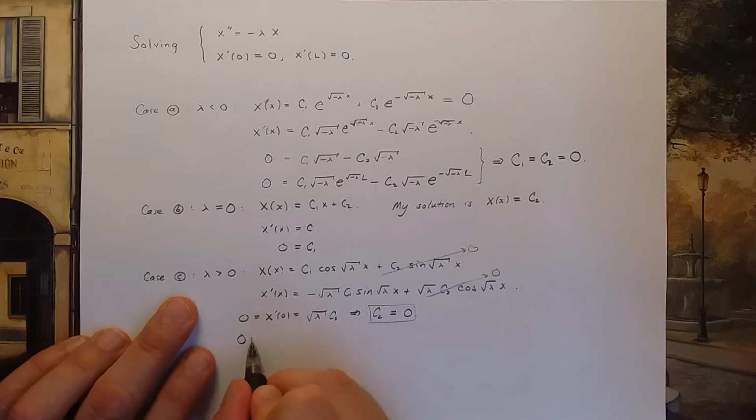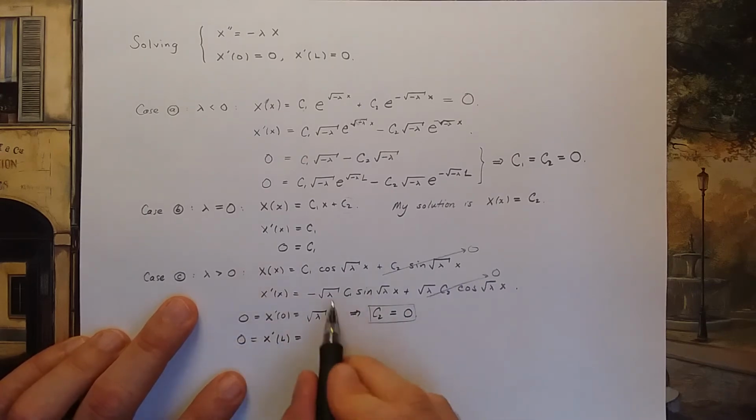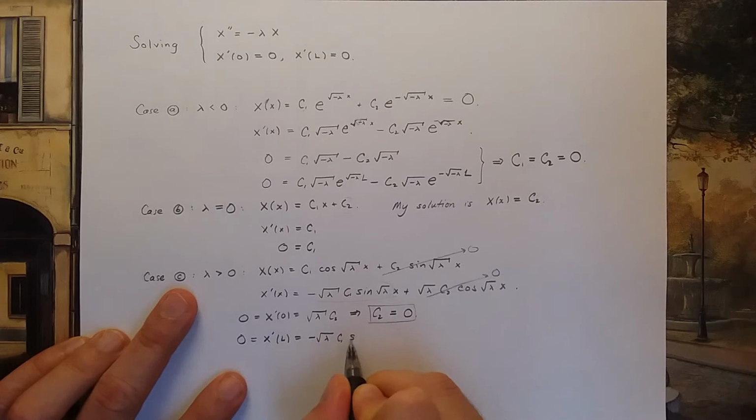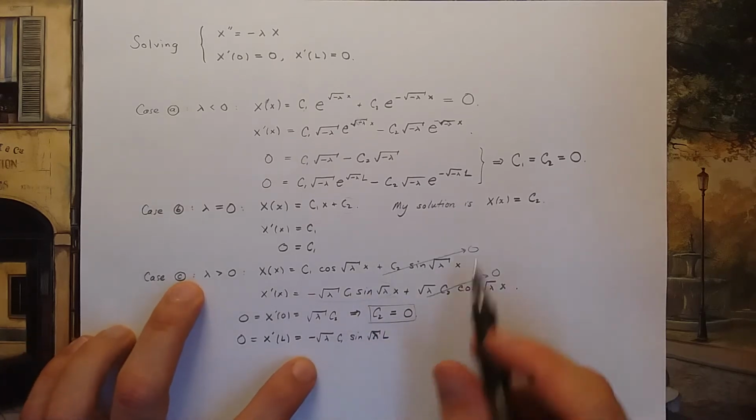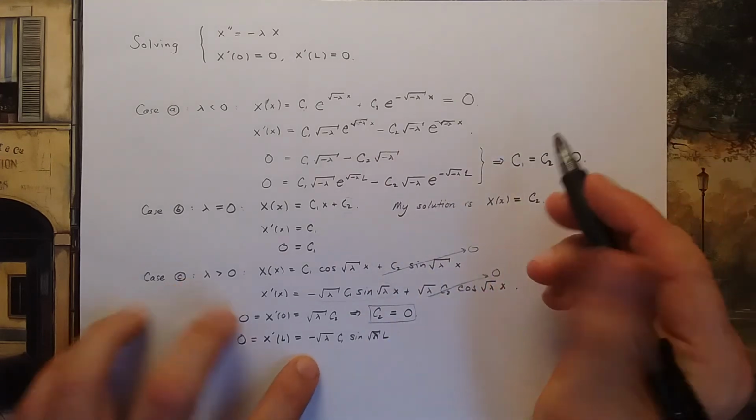Now I'll plug in L into the derivative and get 0. So if I plug in L into this derivative, that tells me negative square root of lambda C1 times sine square root of lambda L should equal 0. Now I don't want to get the 0 solution. I'm interested in non-zero solutions.